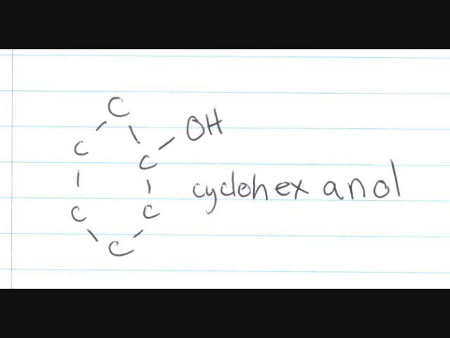Okay. So when we name it, how many carbons do we have? 6. So what's that prefix? Hex. So we got hex. What else do we know? Single bond. All single bonded. It's an alcohol.